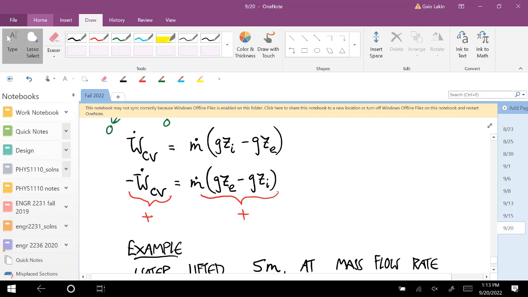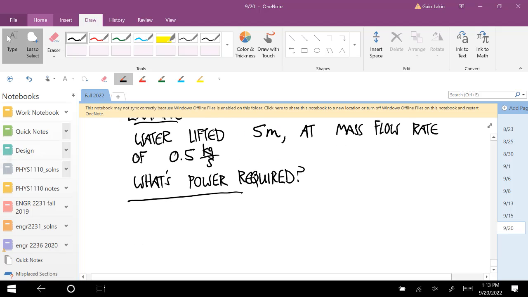So I'm just going to use this simplified form. W dot is equal to the mass flow rate times the quantity GZ exit minus GZ inlet.